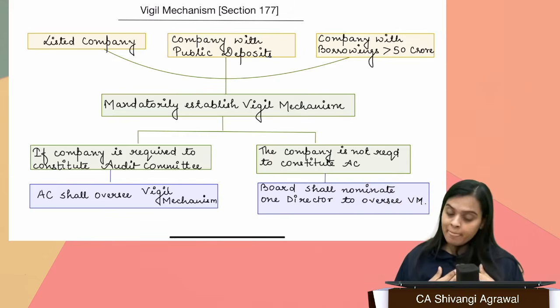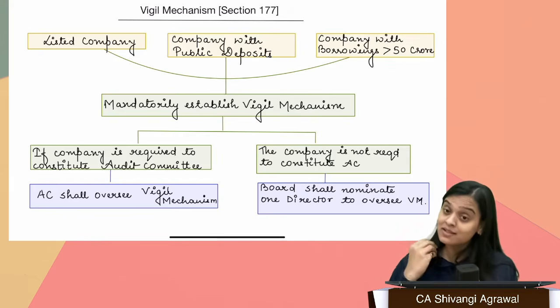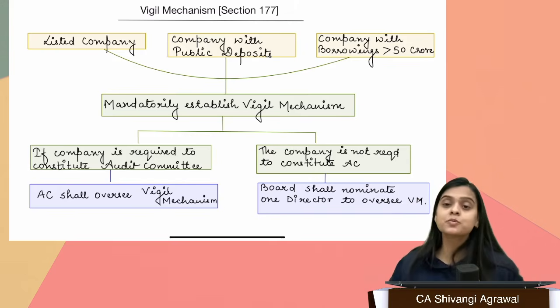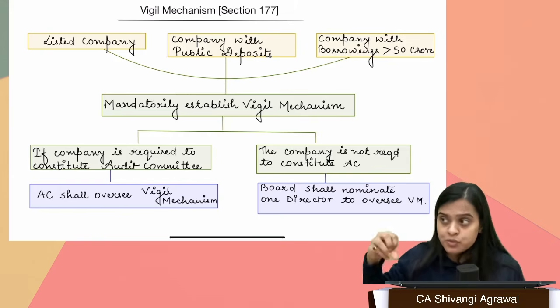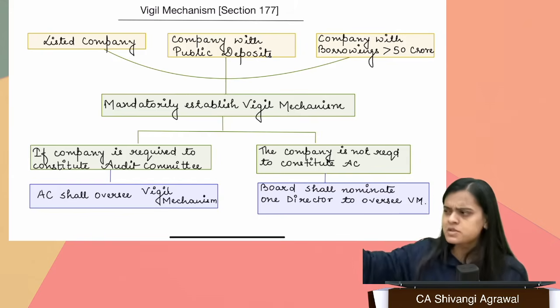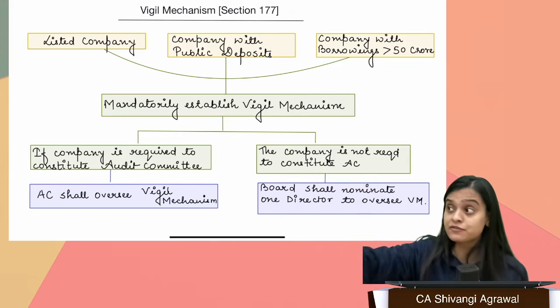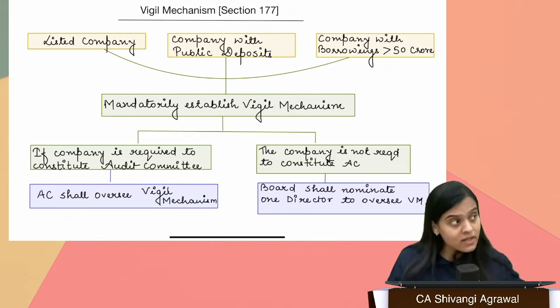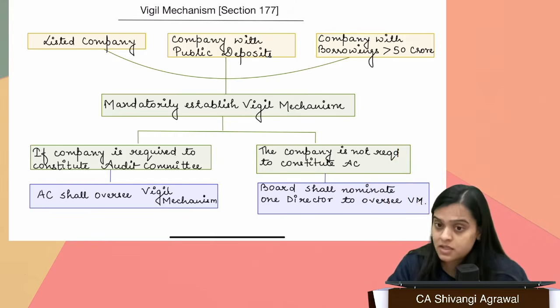A setup where if I am an employee and I want to report a genuine concern, I should have direct access to the chairperson of the audit committee. I should have a channel through which I can report anonymous complaints or direct complaints, whatever it is, and action should be taken. If action is not taken, I should not have to go to my manager, but I can directly walk up to that particular person. I should have that access, right?